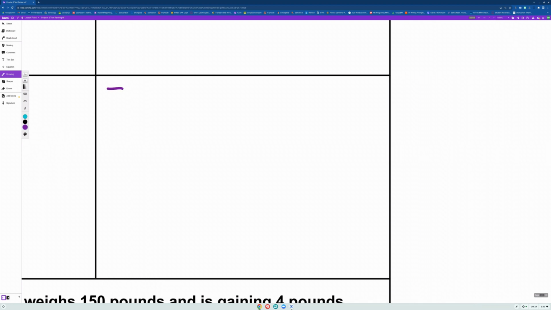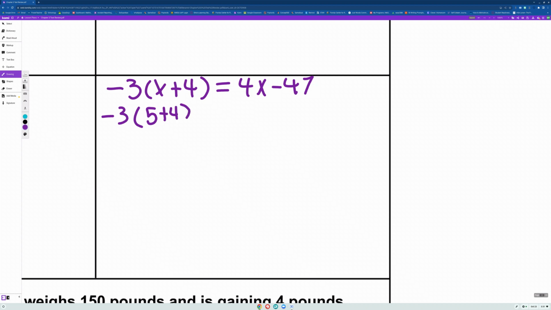So we're going to do our negative 3 times x plus 4 is equal to 4x minus 47. So now rewriting it again, but instead of writing our x, we're going to plug it in. So negative 3 times 5 plus 4 is equal to 4 times 5 minus 47.